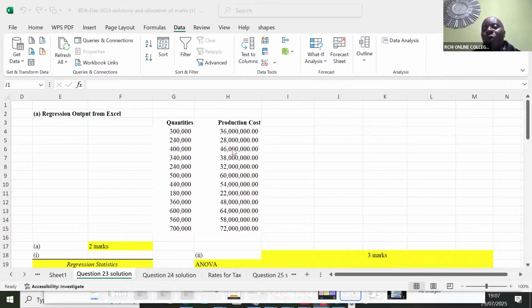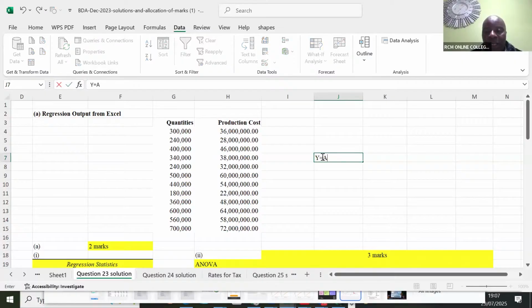So for instance, if you are given data like this, and you are required to prepare a forecasting model using regression analysis, or an equation of the form y equals a plus bx, then what will you be able to do, my good students?